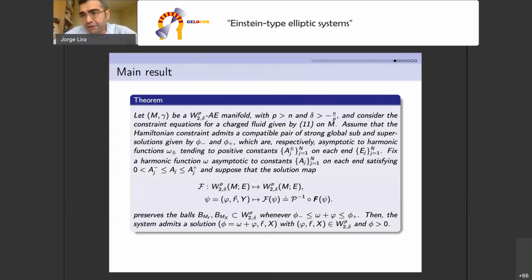There is some kernel in this operator P, which is the Laplacian, and to deal with this kernel, you assume that the asymptotic behavior of these super solutions gives some harmonic functions in each end. So it's necessary to prescribe the behavior at each end of these super solutions.